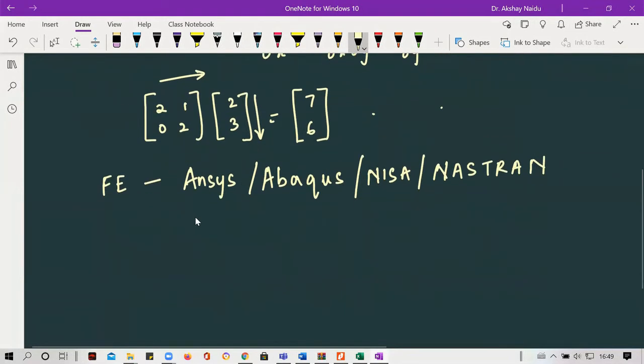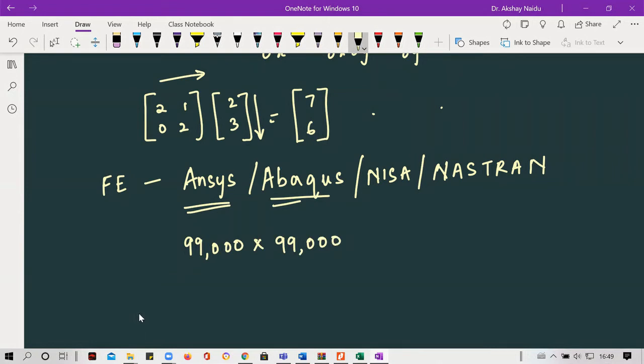When I was doing my master's, that was between 98 and 99, I was using Abaqus and ANSYS. That time, the maximum matrix size that these softwares could handle was 99,000 by 99,000.